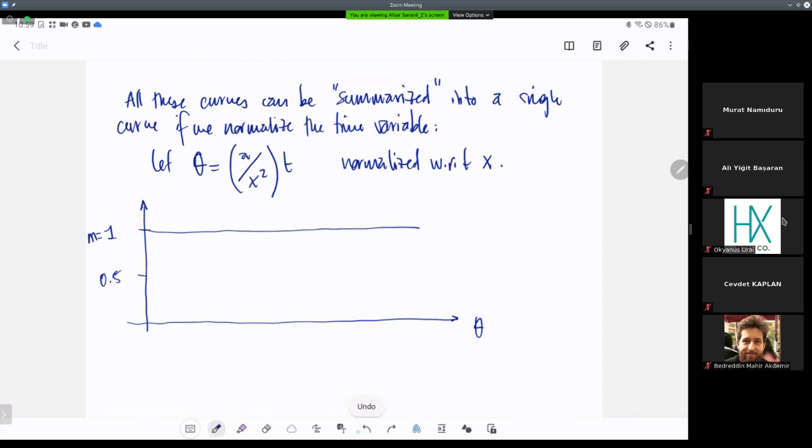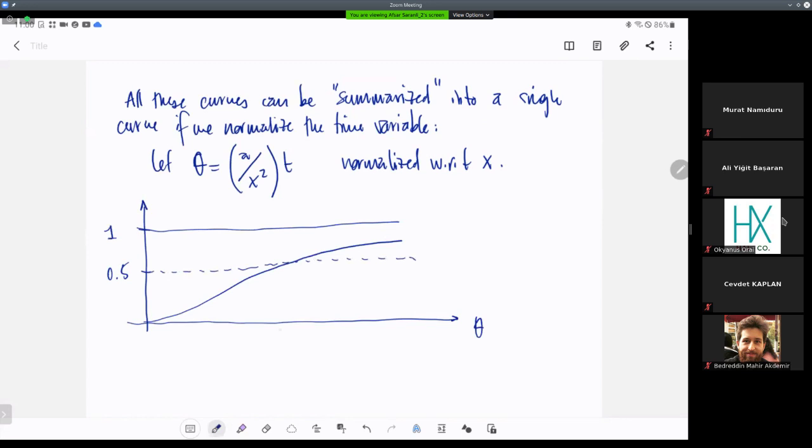Sorry, I'm not sure whether this was actually m is equal to 1 or simply this normalized function. So you get basically something like this. So 1, 2, and so on. So this is this normalized variable.